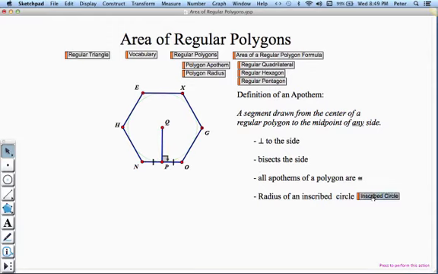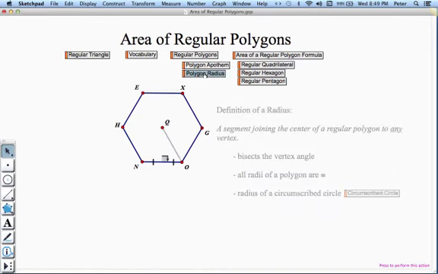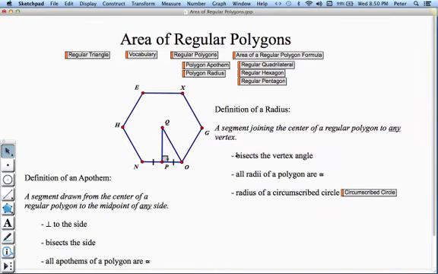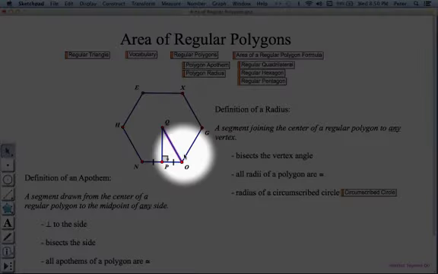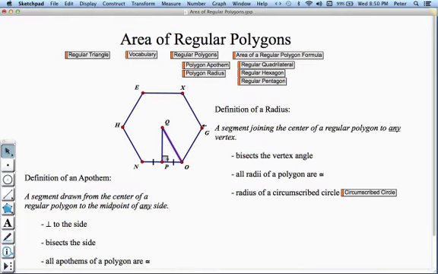Okay, now let's look at the other really important line in a polygon, which is the polygon's radius. When we look at the definition of a radius, it's a segment joining the center of a regular polygon to any vertex. And once again, it has to be a regular polygon. So this radius is going to bisect this angle here at O. So angle POG is bisected, as would any other of the radii drawn from Q to the vertices.